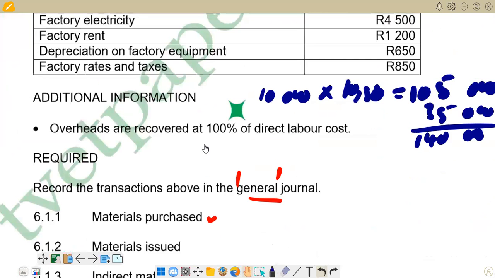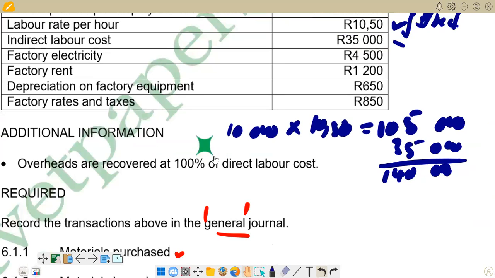So what we are going to do is we are going to debit the labor control, and then we credit the wages payable, because we are just making a double entry of the total labor costs for the period. So we do that, we go there and summarize that on that one.